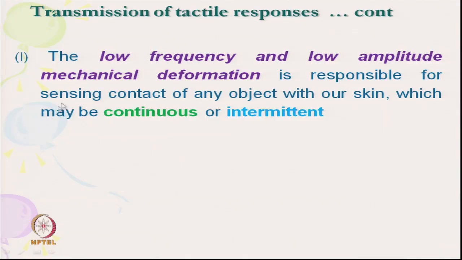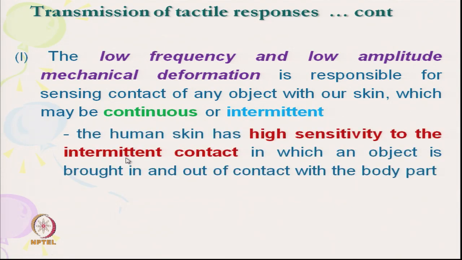What is that? The low frequency low amplitude mechanical deformation is responsible for sensation of contact of any object with our skin, which may be continuous or intermittent. The human skin has high sensitivity with the intermittent contact, okay, in which an object is brought in and out of contact of the body.